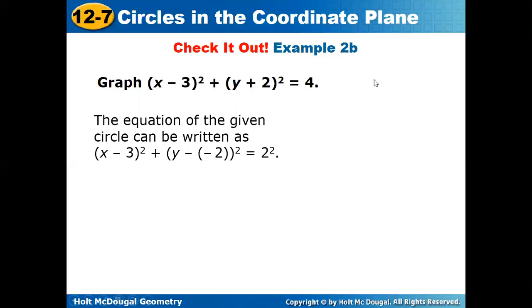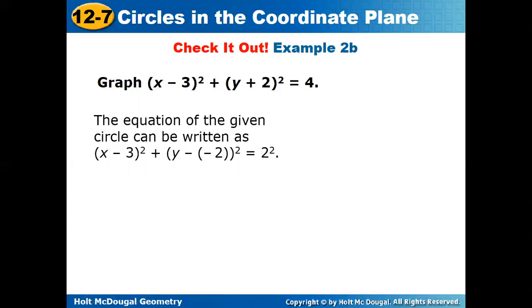Common mistakes in this question: maybe you solve this question without rewriting, which is faster, but write the coordinates of the center with the opposite sign. A common mistake is to write the coordinates of the center as (-3, 2). This is not correct. This is wrong.